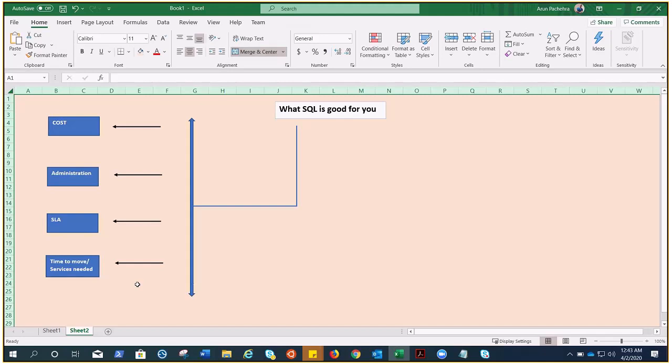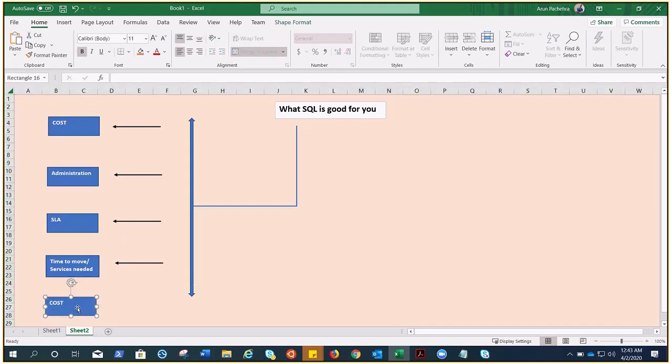Okay. Now, there is one more thing which is very critical to decide what SQL is good for you, and that is the DB size. Okay, because managed instance doesn't support more than 8 TB and IaaS VM can go up to like 256 TB.